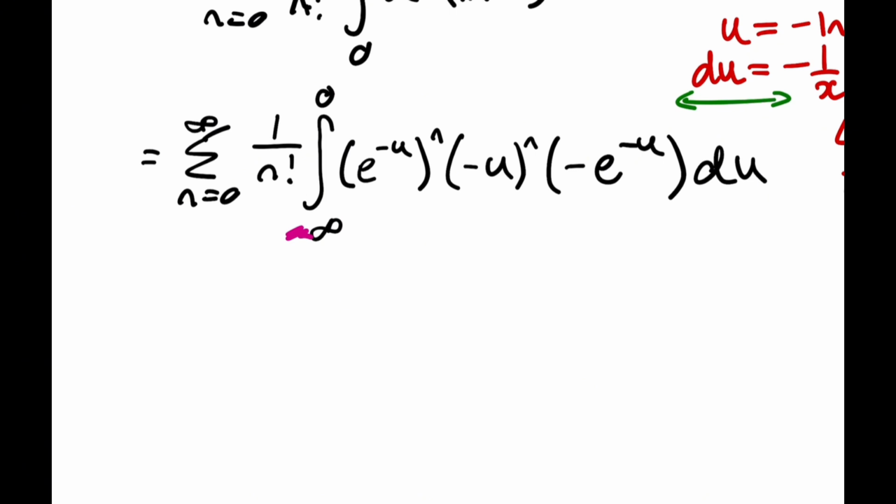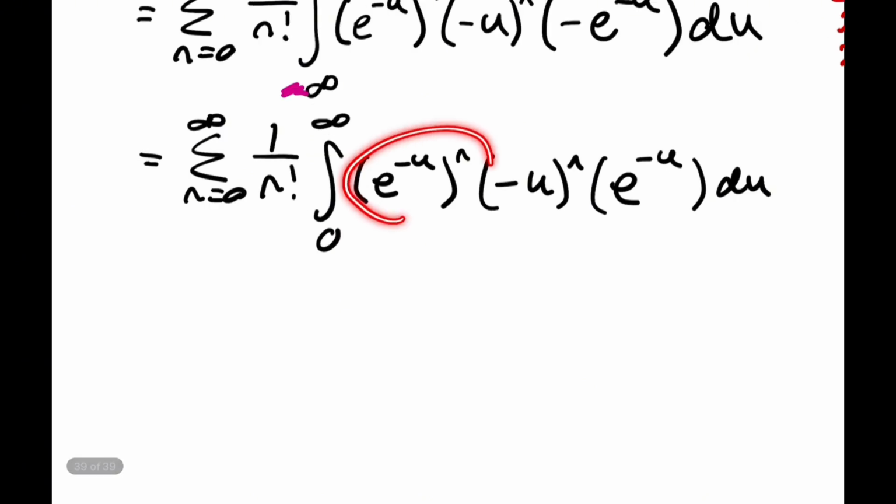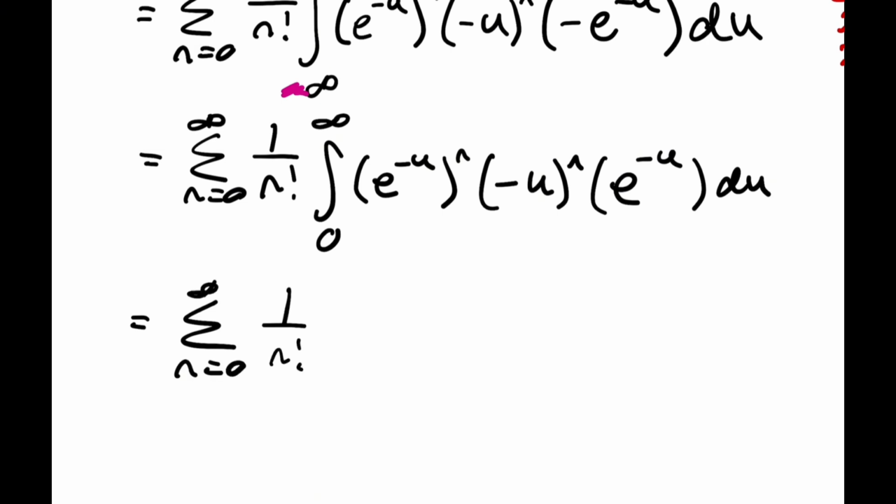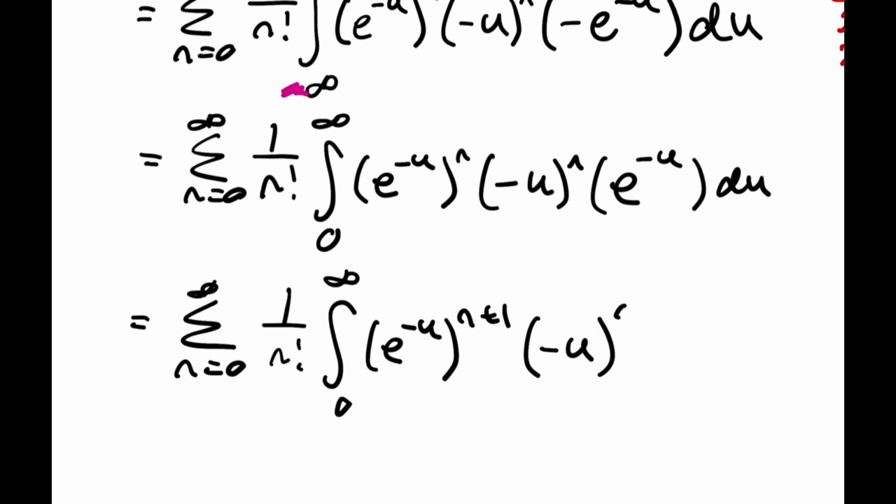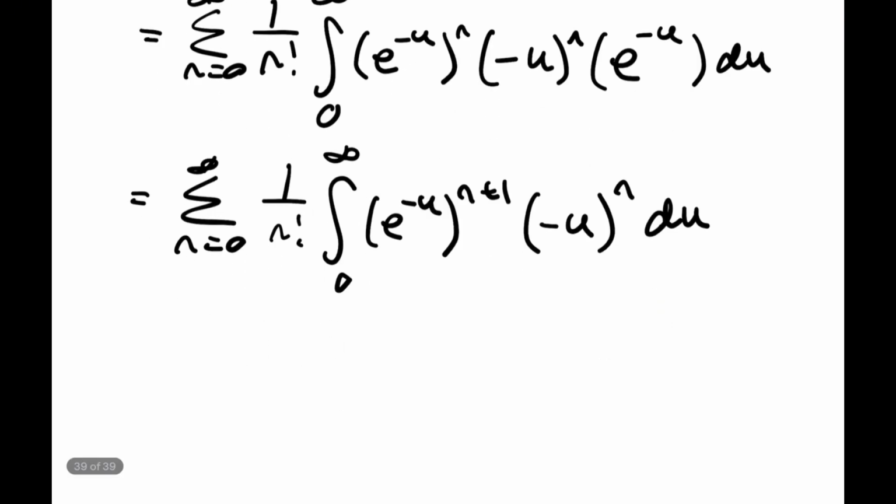So let's do that. Combining the e to the power of negative u to the power of n and this e to the power of negative u right here, we can rewrite this as the sum from n is 0 to infinity of 1 over n factorial times the integral from 0 to infinity of e to the power of negative u to the power of n plus 1, and then negative u to the power of n du.